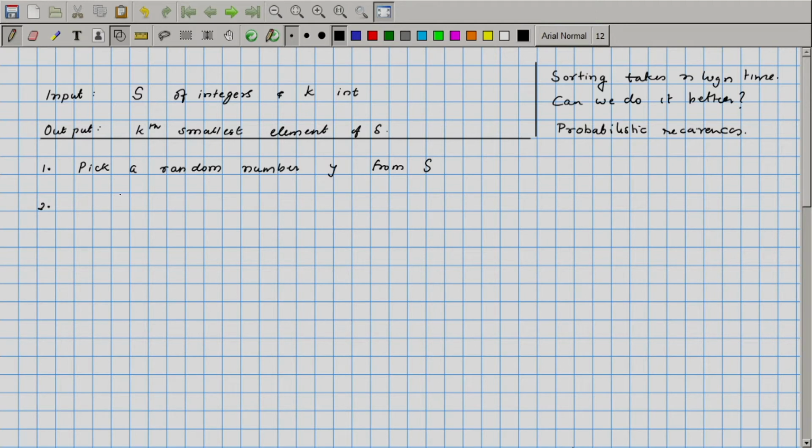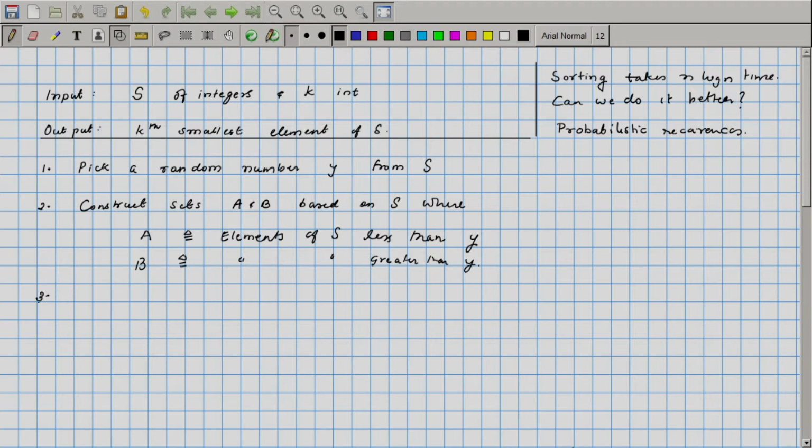Okay. So, we will construct sets A and B based on S. A consists of elements of S less than, let us say y, and B is the set of elements of S greater than y.